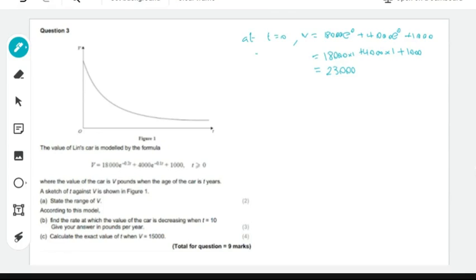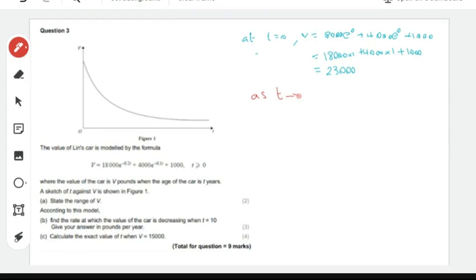So would it be V is greater than or equal to 23,000 and less than or equal to 1,000? Well, that's impossible for those two things to happen at the same time. Hear what you said and say it again. Oh wait, sorry.